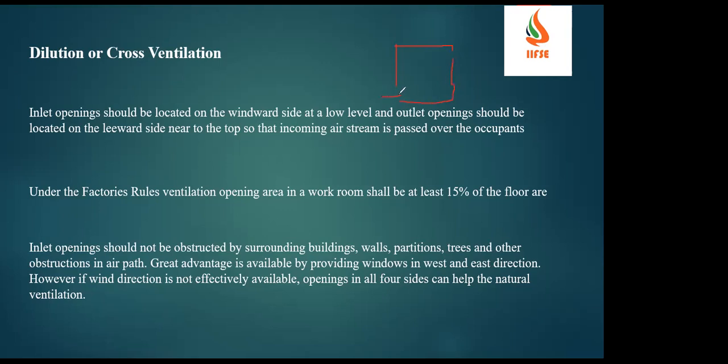So it is on the windward side, which is lower, and the escape will be outside, because the air will come in this way and go out. So it will cover the complete area and take the contaminated air out of the room. It is the leeward side, which you are going to keep at the top.